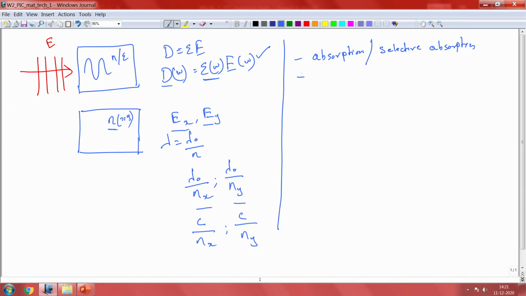And the next property is refraction. You can have electro-optic effect, because as a function of electric field you can see optical effects. Magneto-optic.